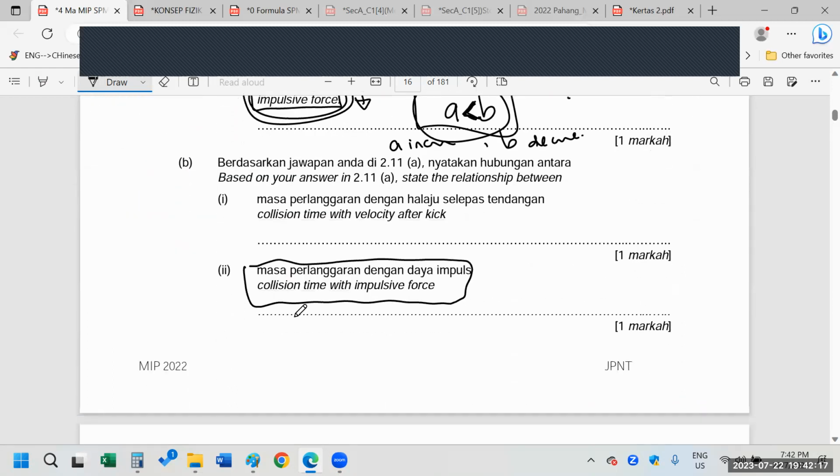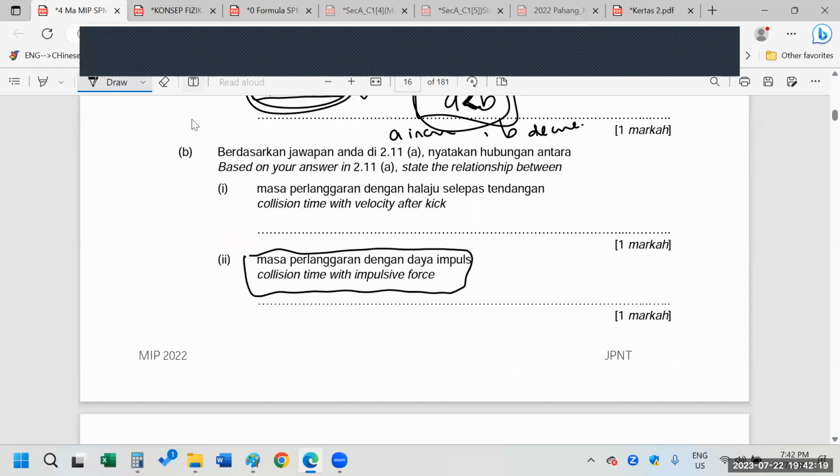Then how to write the sentence for this? There are 3 sentences you can write. All of them have the same meaning. For example, since collision time and impulsive force, you can write number 1, which you used in primary school.